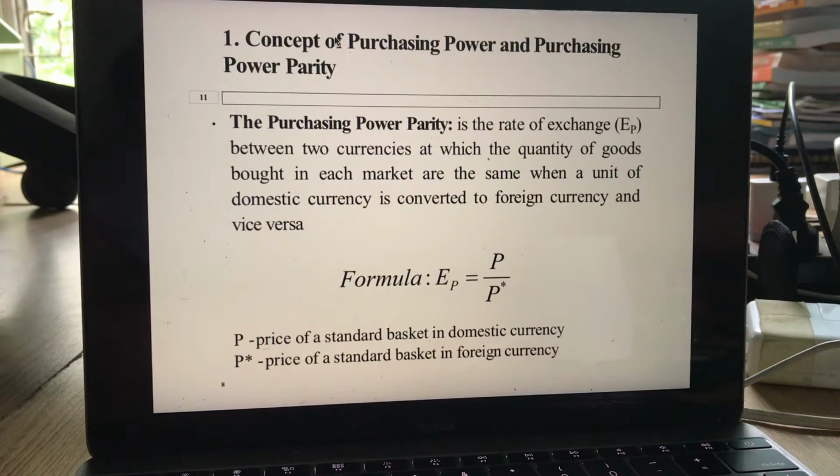And so we have the formula here, E with subscript P, EP, equal to the domestic price of the goods bundle divided by P star, the price of the standard basket in the foreign currency.